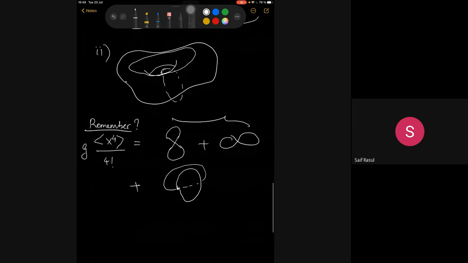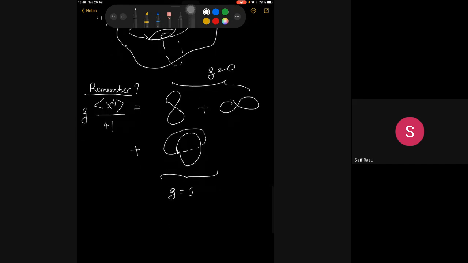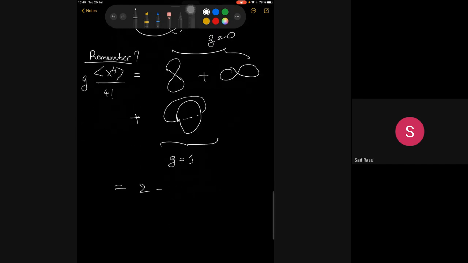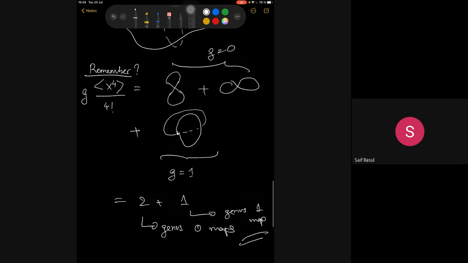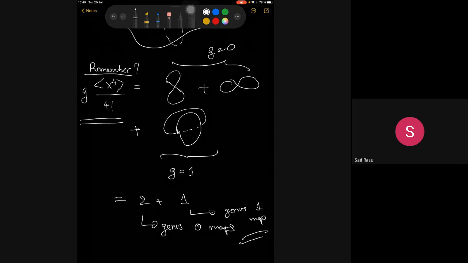So these 2 are maps for the genus 0 case. This is a map for the genus 1 case. So it's just 2 plus 1: 2 of them are genus 0 maps, and 1 of them is a genus 1 map. So instead of 3, we have 2 of them for genus 0 and 1 for genus 1, even for 1 vertex. For multiple vertices, you will have different graphs, or maps, corresponding to different genuses.